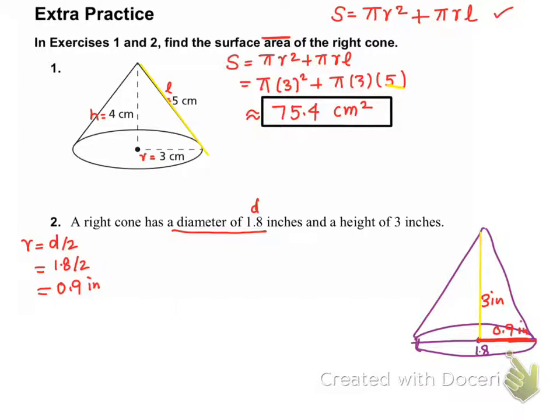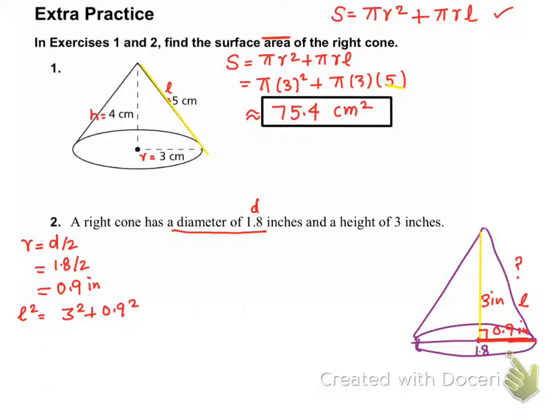I can use that. But unlike the previous problem, where we had been given l, the slant height, here I don't know it. But now when I see it looks like a right triangle, I could use the Pythagorean theorem here. If I assume it to be l, then l squared is what? 3 squared plus 0.9 squared. We applied that the square of the hypotenuse is the sum of the squares of its legs.